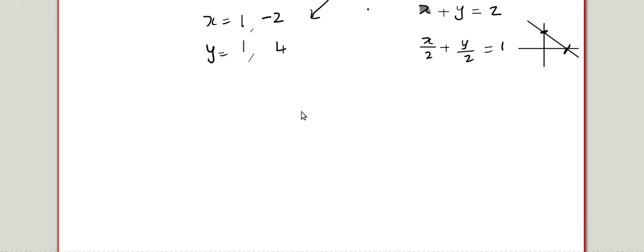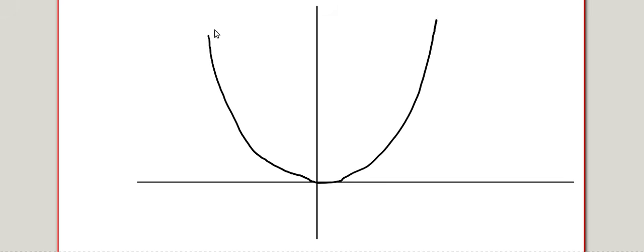Now we can have the picture. So the picture goes like this. We have a parabola, and we have a line which cuts the y-axis at 2. So it's kind of like this.